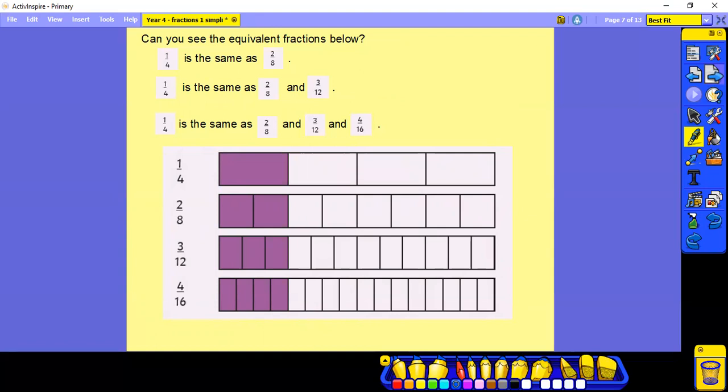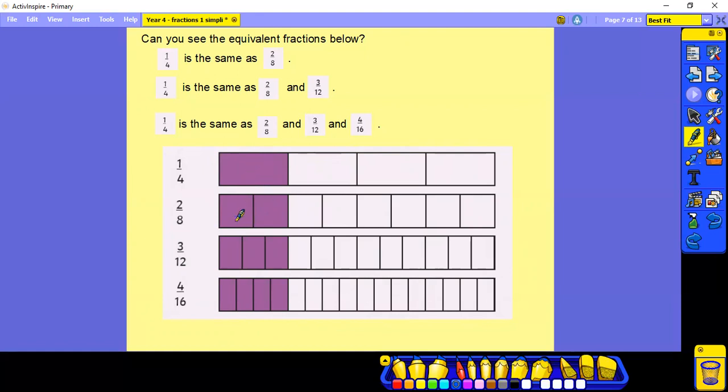Can you see the equivalent fractions below? So here you can see that this bar has been split into 4. It's been split into quarters. This bar has been split into 8ths. There are 8 parts. This bar has been split into 12ths, and this bar has been split into 16ths. So a quarter is the same as 2/8.